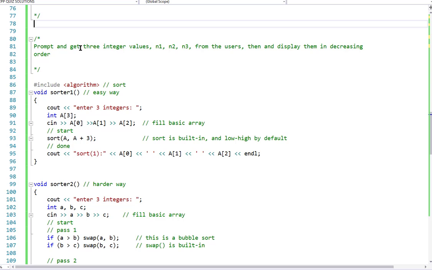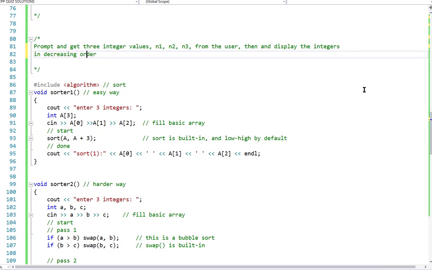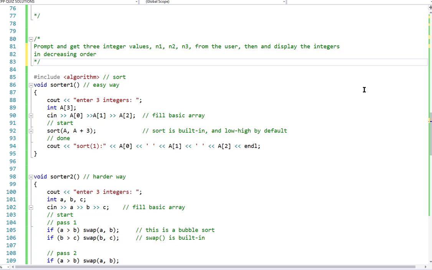It says prompt and get 3 integer values, n1, n2, and n3, from the user. Then display them, the integers, not the users, in decreasing order. All right. One really quick way is, if you know in algorithm, there's a program called sort, STL. You could simply say enter 3 integers, use an array.